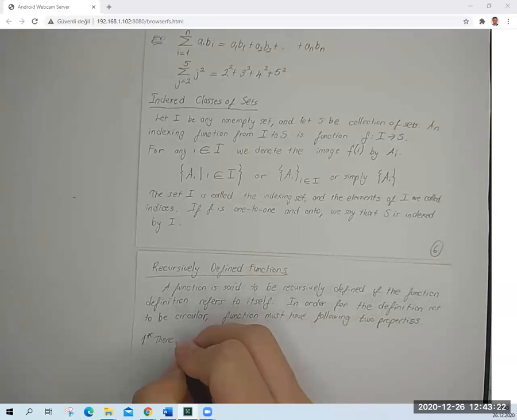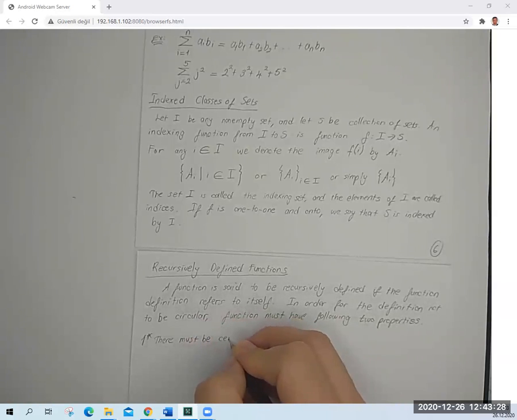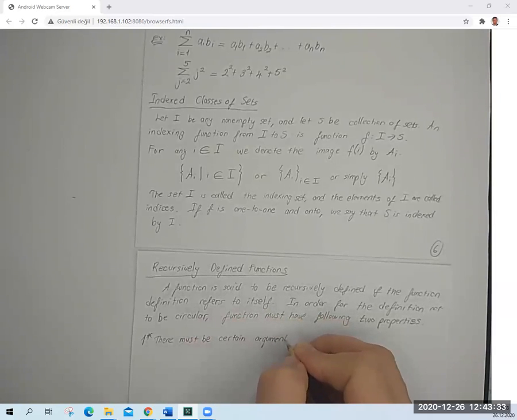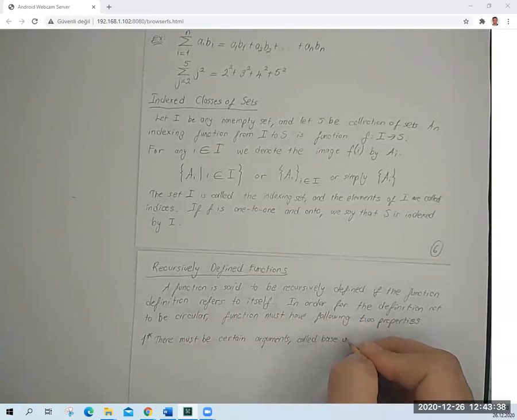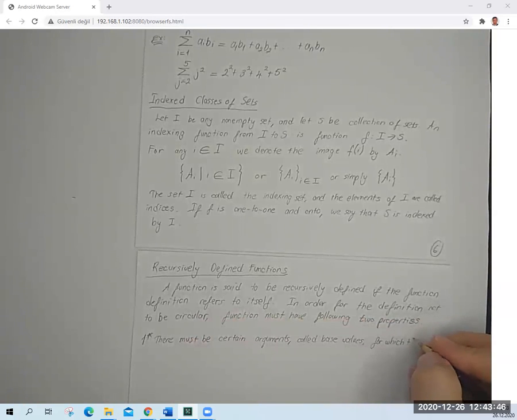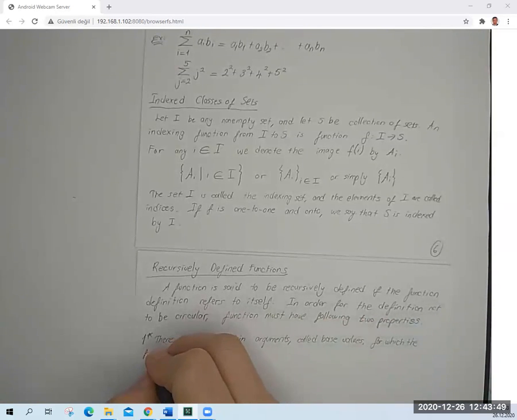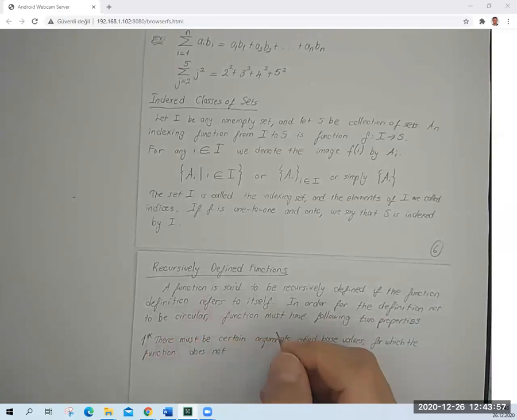First one, there must be certain arguments called base values, for which the function does not refer to itself.